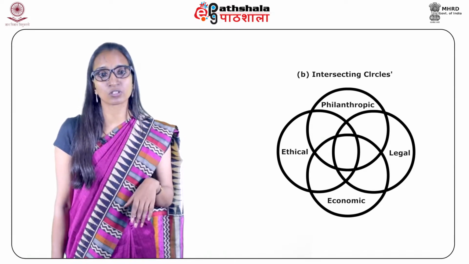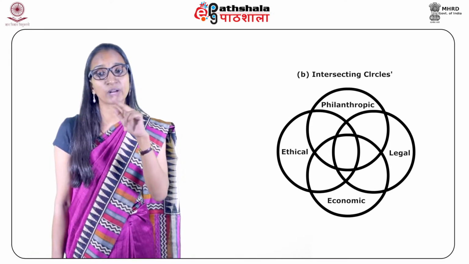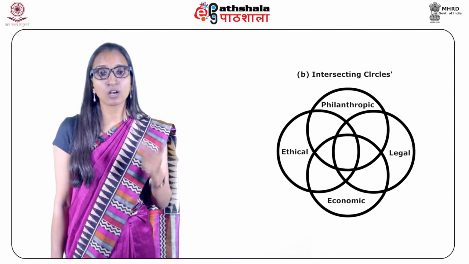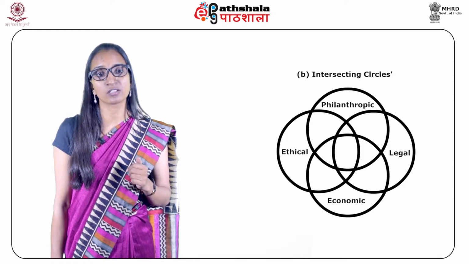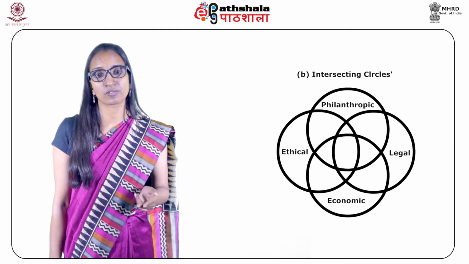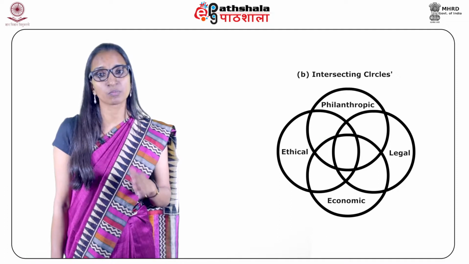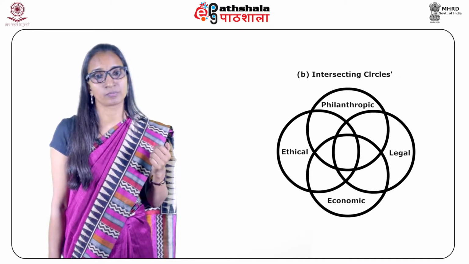In the IC model, the main domains of responsibility are depicted by Venn diagrams, which highlight the overlapping nature of the domains and the resultant creation of a set of CSR categories in which corporations and their activities may be described, classified and analyzed.